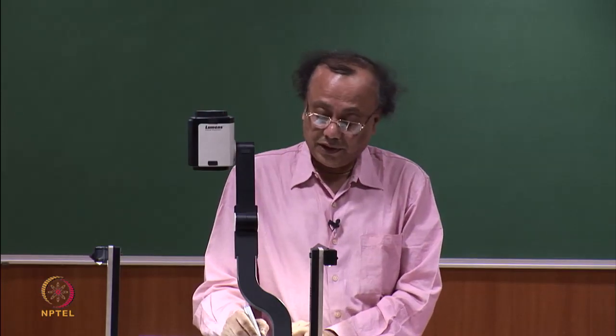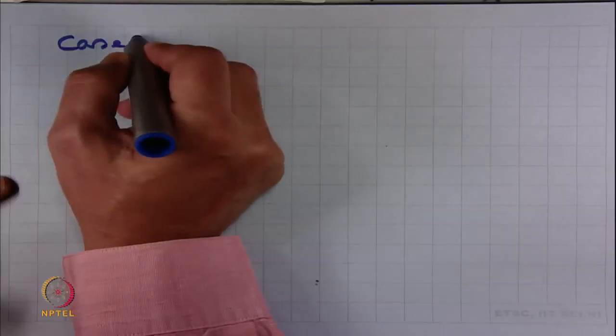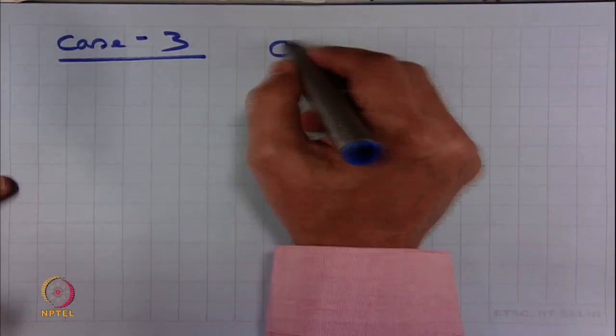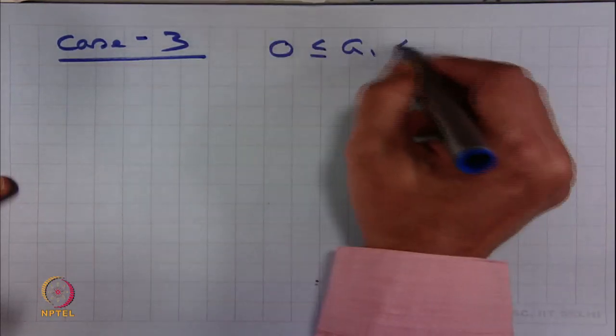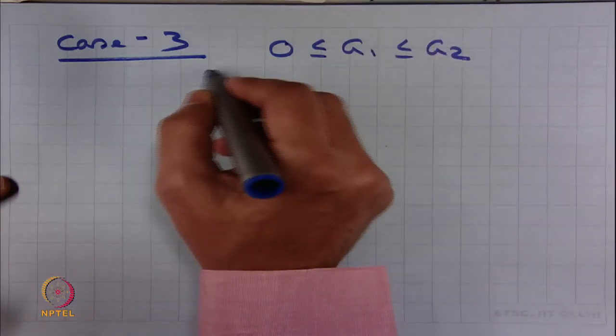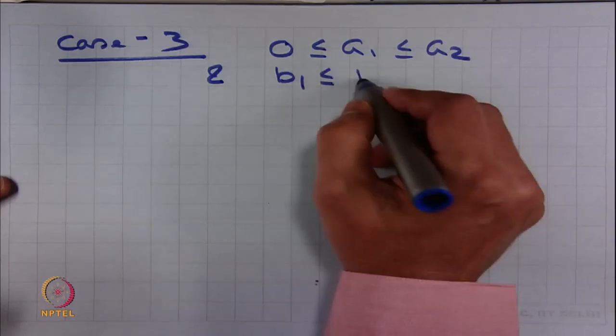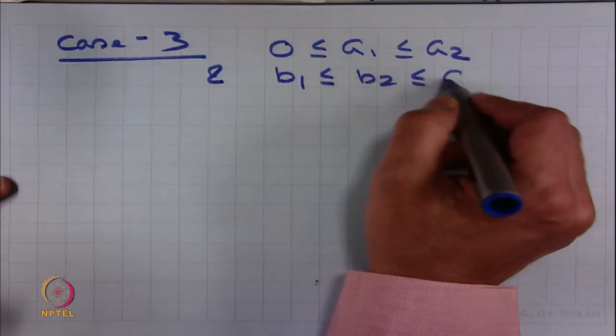Let us now consider case 3, which is 0 less than equal to A1 less than equal to A2 and B1 less than equal to B2 less than equal to 0.